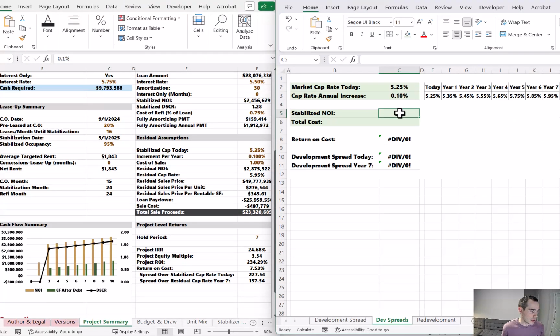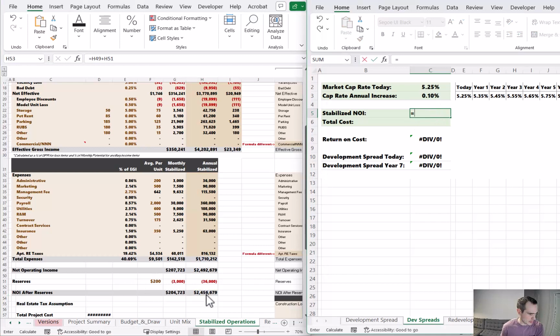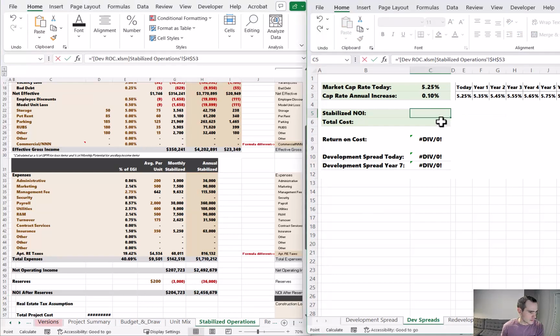The stabilized NOI, we need to get that from the model. So I'm going to go to the stabilized operations tab. You can see here the NOI after reserves is 2.456 million. So I'm just going to hit equals and grab that directly from the model. And then the total cost.